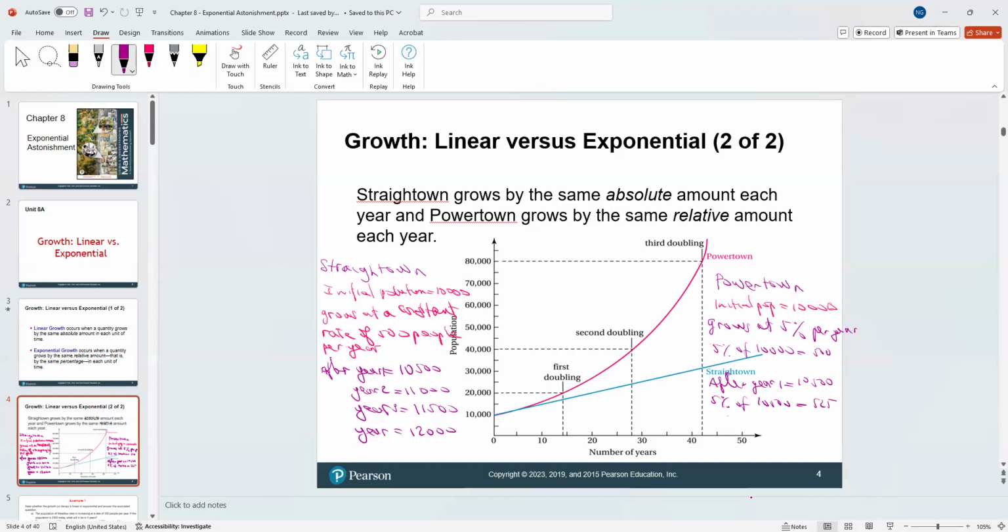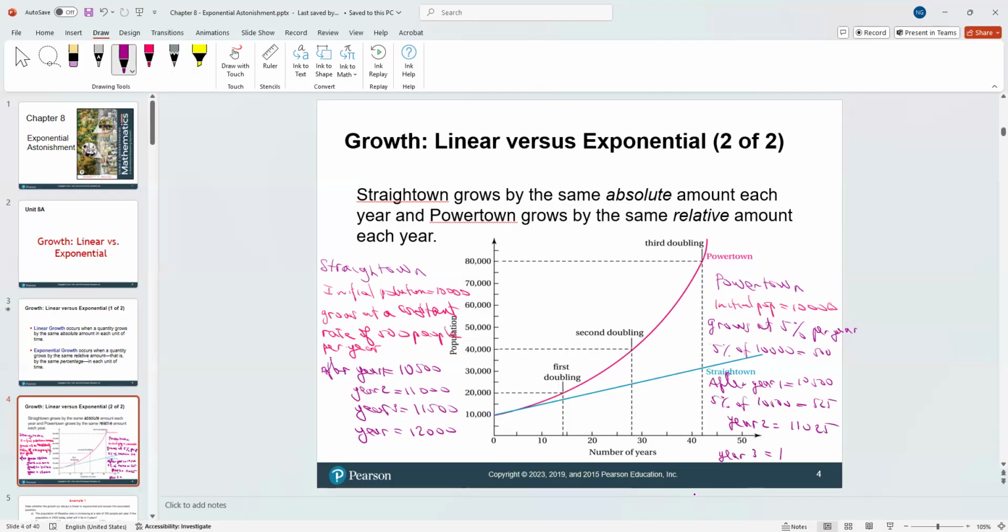So year two is going to be 11,025. After year three, you take 5% of 11,025, which is 551.